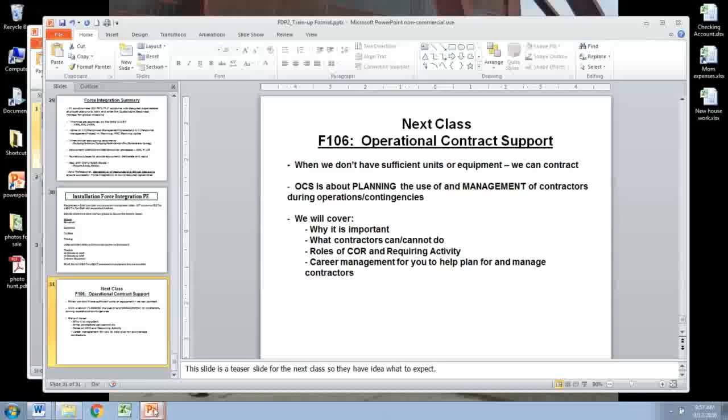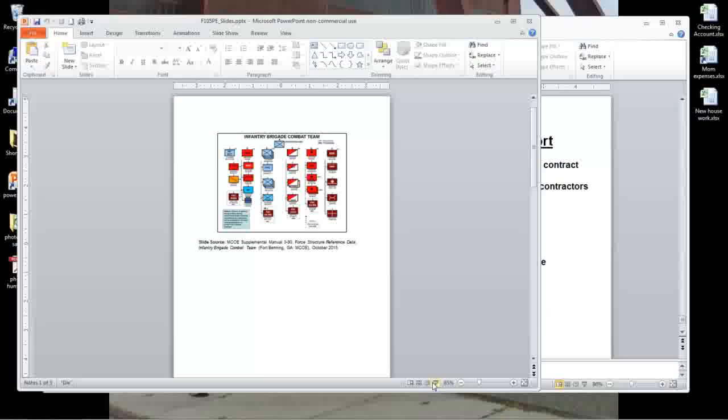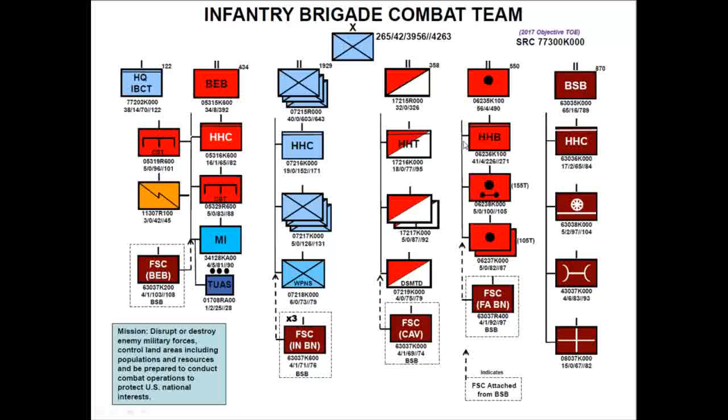So the PE slides that we give the students are out of the Maneuver Center of Excellence. Some of your students may have been in one that's a different structure. Have everybody just use these. The answer is not important, it's the process. So this is the current approved structure for 17.